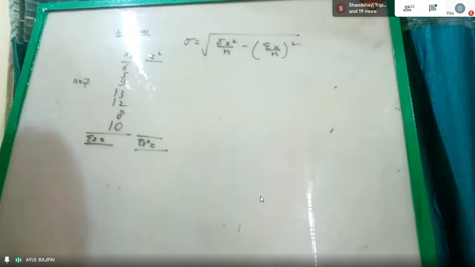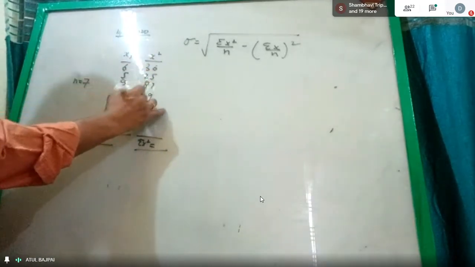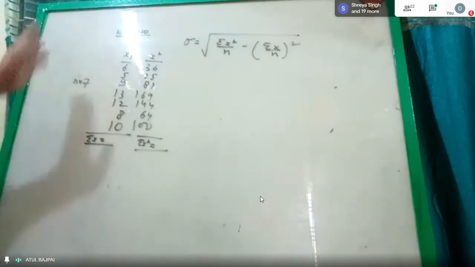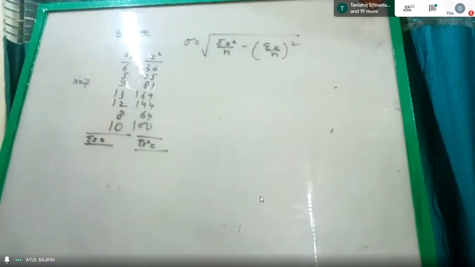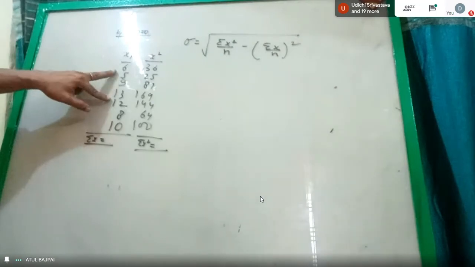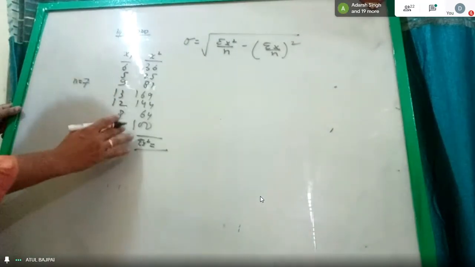So sigma x square, how much? 36, 25, 81, 169, 144, 64, 100. So check the total. Sigma x is 63.